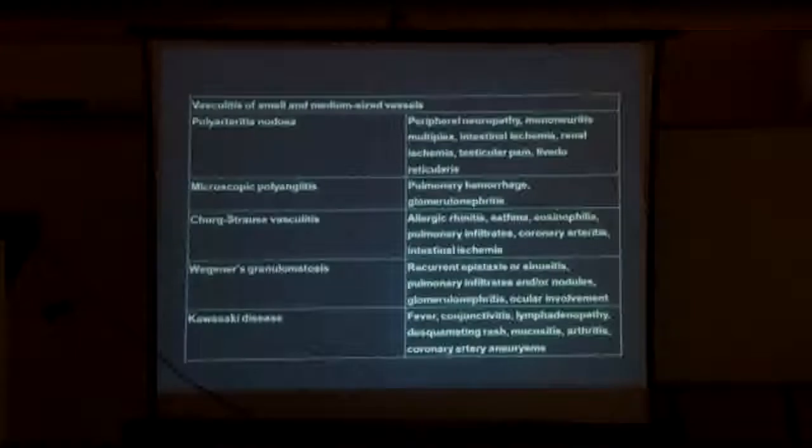Now, polyarteritis nodosa is a medium vessel vasculitis, where you could get different forms of manifestation, particularly on the skin in the form of livedo reticularis, which has to be differentiated from reticular livedoid, which I shall be shortly telling you.